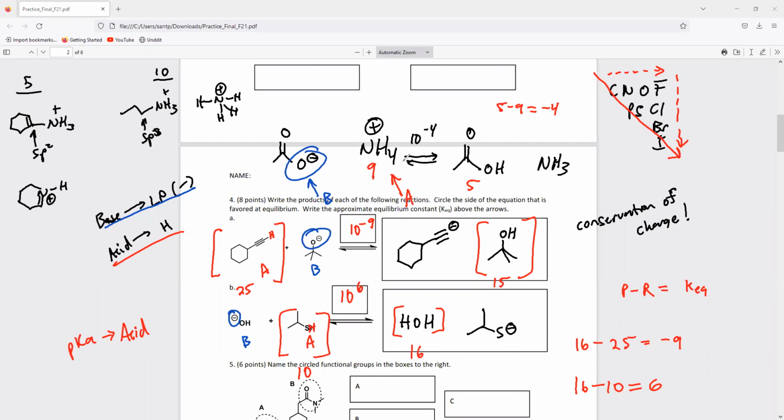Now, this one's a little bit interesting. I did this one on purpose because if you try to use any of the rules of thumb that we've used previously, like, oh, let's use our acidity rules to see if this works out, or, I know sometimes they teach you that no charge is better than any charge, this one kind of breaks the rules.